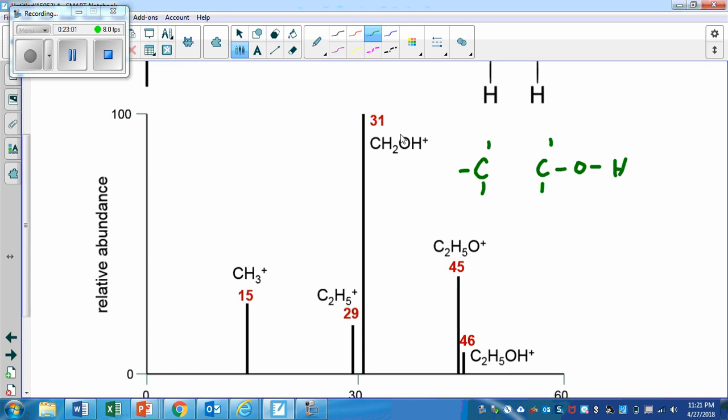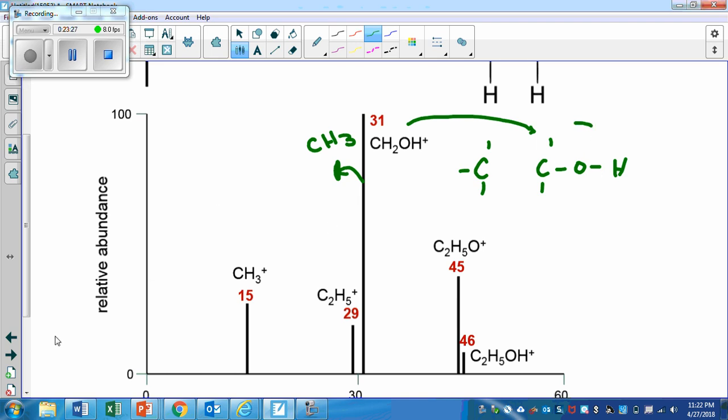So this is coming from CH2 and OH. That means this part is lost. The fragment that went out is CH3, so 15 is what went out and 31 is left. And here you have C2H5, the whole thing, and the hydrogen is lost. And here it is C2OH.